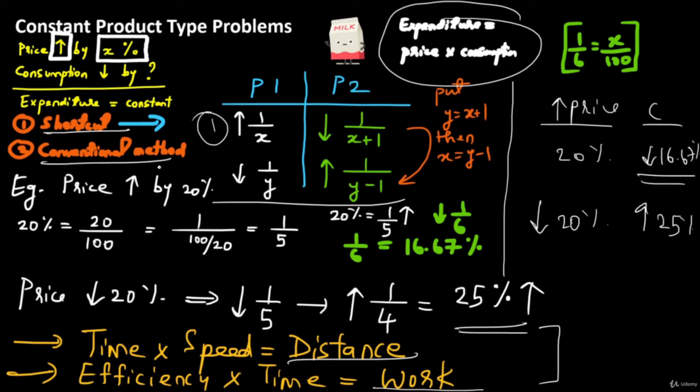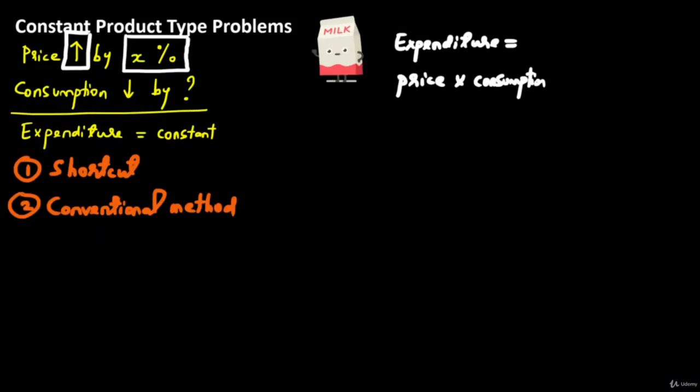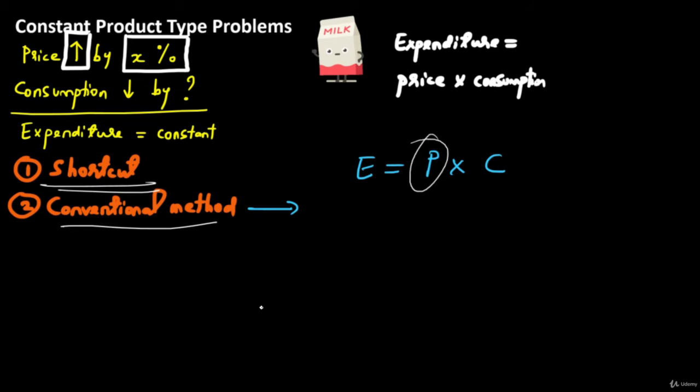Now let's also discuss the conventional method quickly, and I recommend that you should not be using the conventional method because the initial methods that we discussed are much faster. But just for a deeper understanding, let's quickly also think of the conventional method. All right, so over here expenditure is equal to price into consumption, right? Now I can say that the price increased by X%, that's what's given over here.